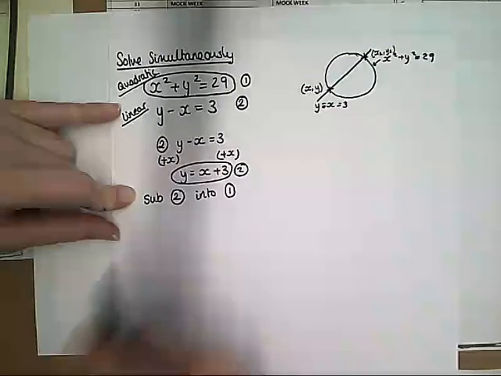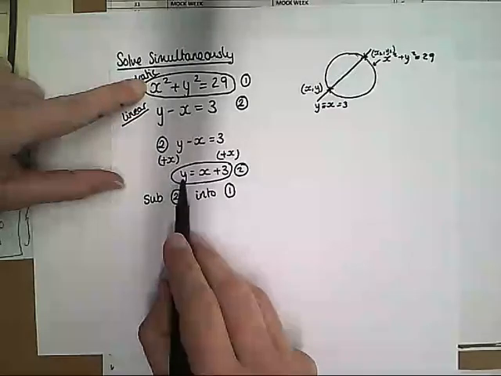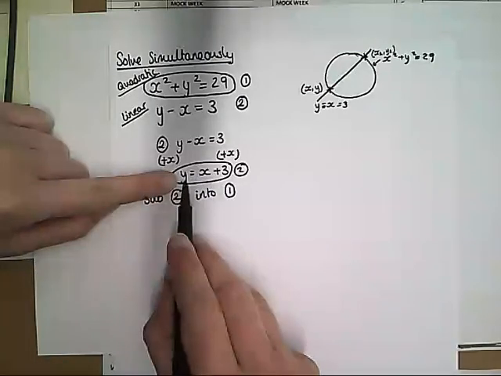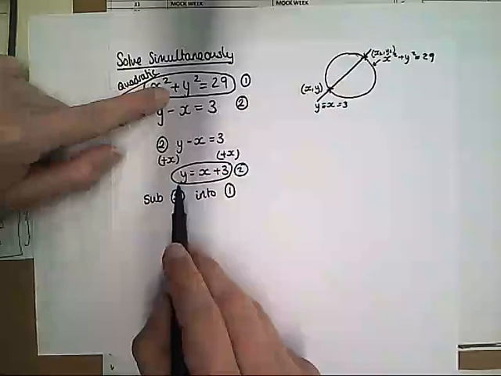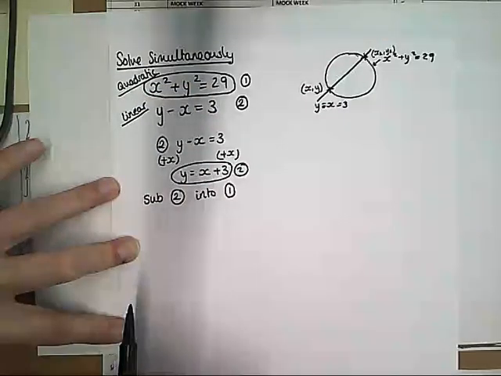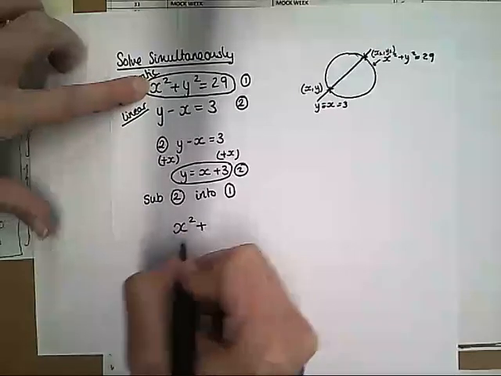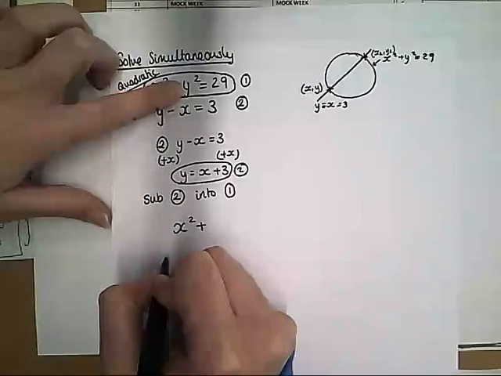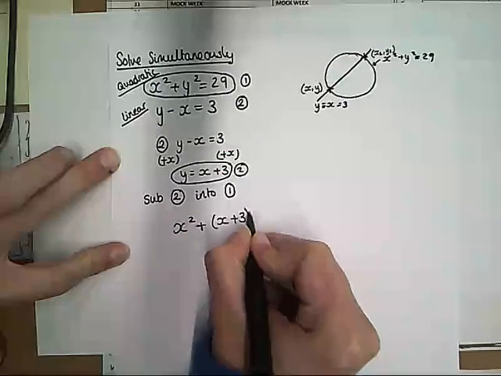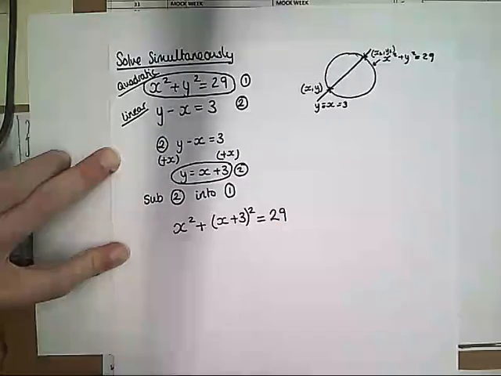Because our linear one is y equals x plus 3, wherever we see a y in our quadratic one, instead of writing y, we're going to write x plus 3. So we've got x squared plus, and instead of y squared we substitute x plus 3, and we have to square all of x plus 3, and then we've still got the 29 on the end.